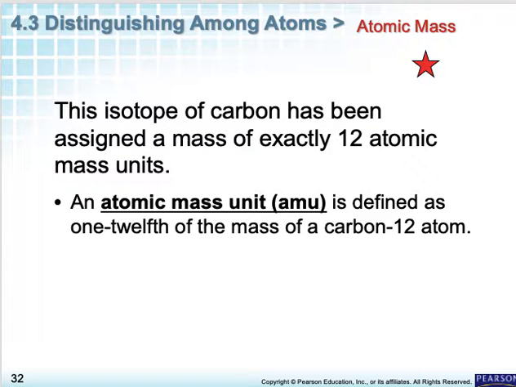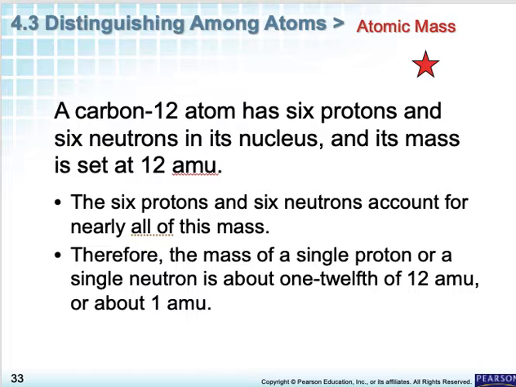We defined the atomic mass unit to be exactly 1/12 of the mass of a carbon-12 atom, which would be 1 proton or 1 neutron, because carbon-12 has 6 protons and 6 neutrons. Since it has 6 of each, they set the atomic mass for carbon as 12 and measured in reference to that. Therefore, the mass of a single proton or a single neutron is 1/12 of 12 AMU, or 1 AMU.